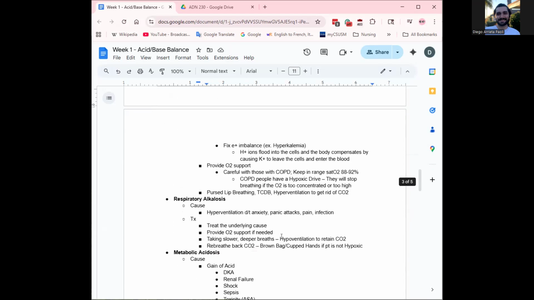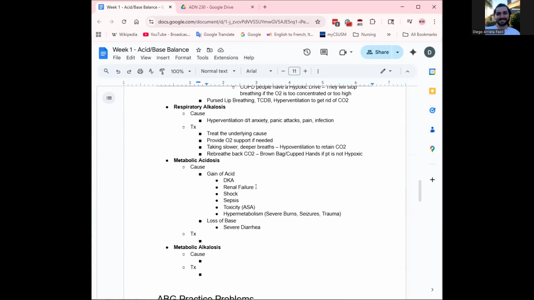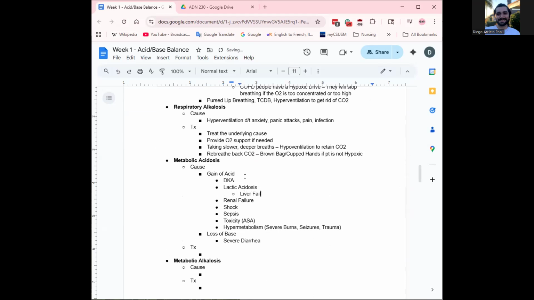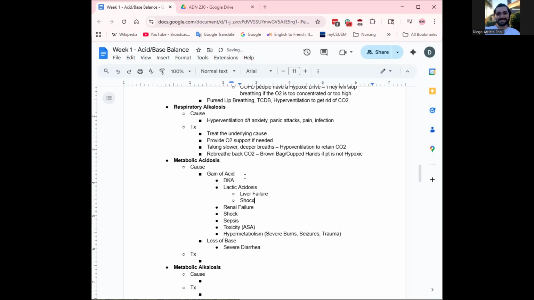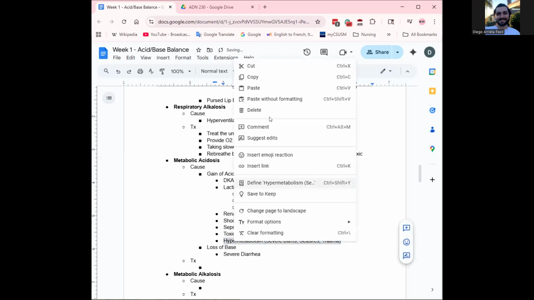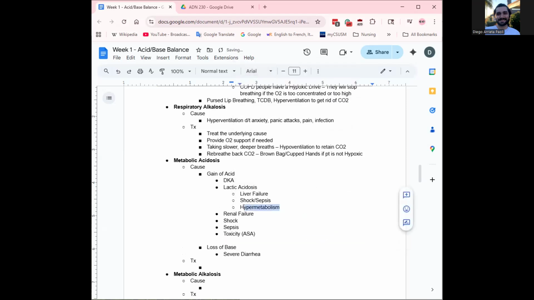So lactic acidosis is going to be one of the big ones there. Lactic acidosis can include liver failure, shock, sepsis, hypermetabolism. So I guess that would be a way to keep it all together there.